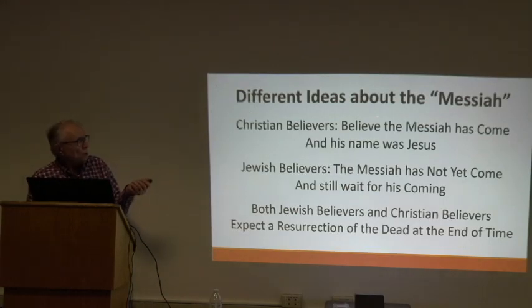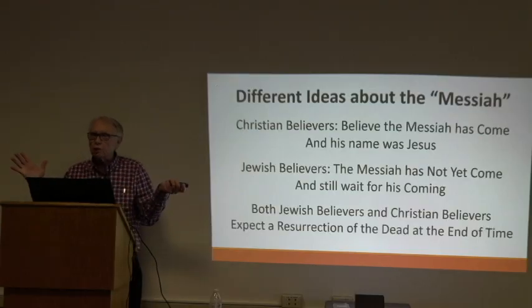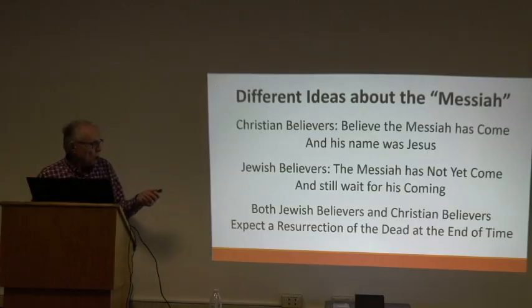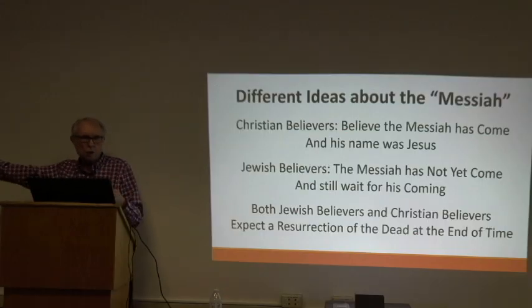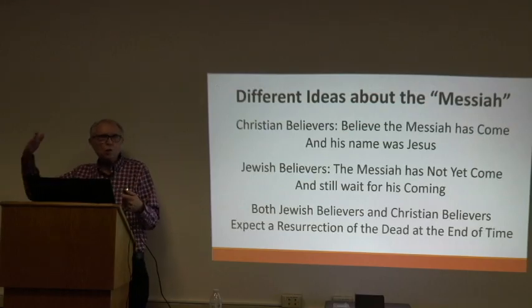Christian believers believe the Messiah has come already and his name is Jesus. Jewish believers believe the Messiah has not come yet and still wait for his coming. Both Jewish believers and Christian believers expect a resurrection of the dead at the end of time. Christians would call it the second coming.